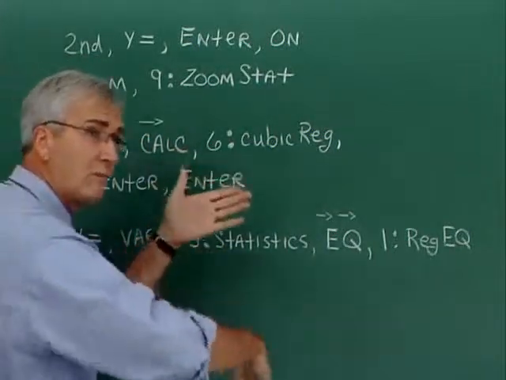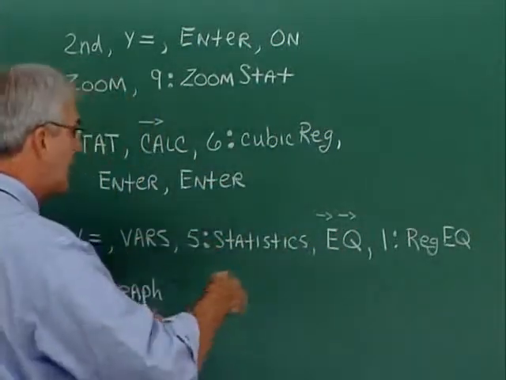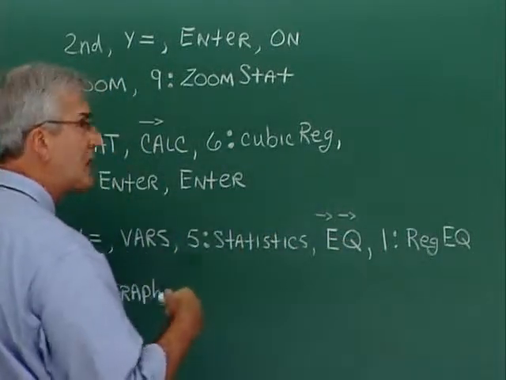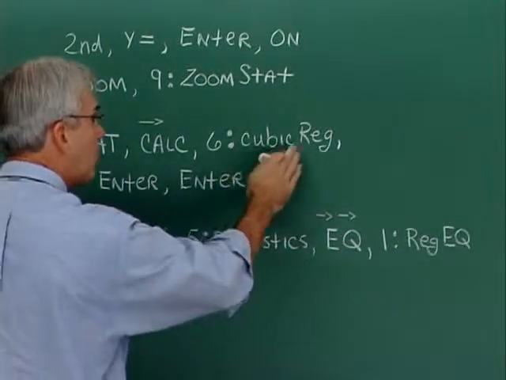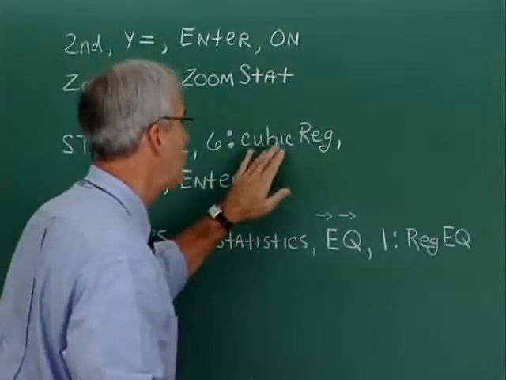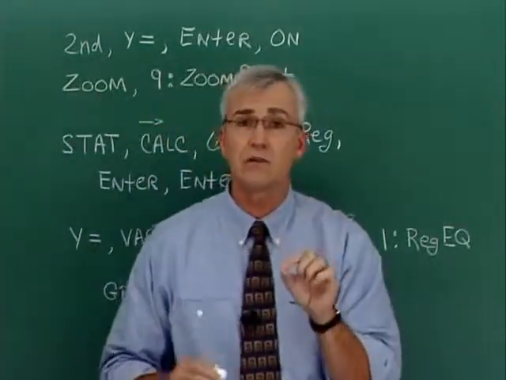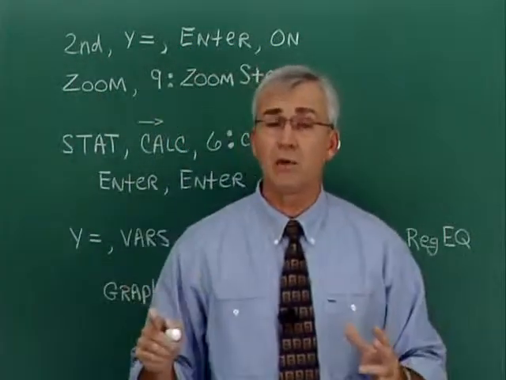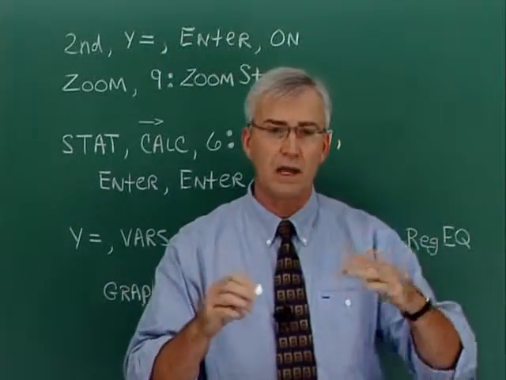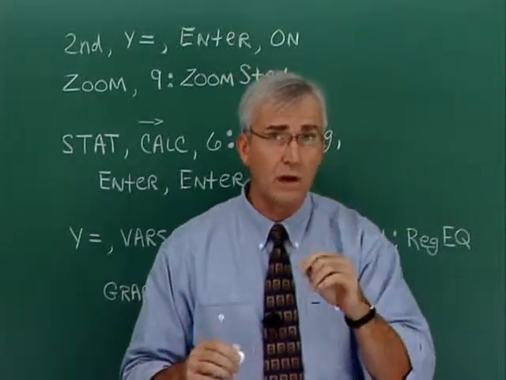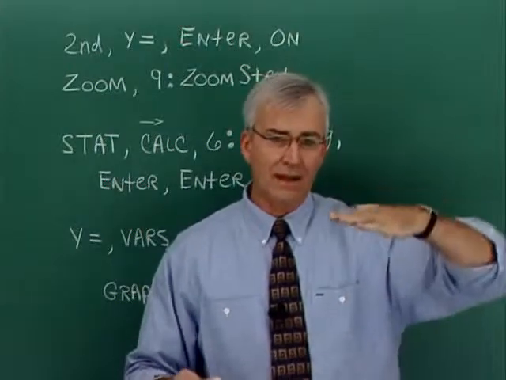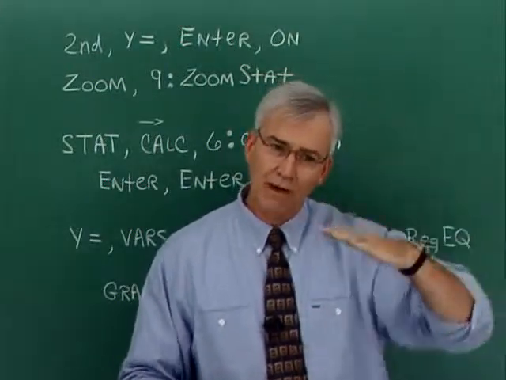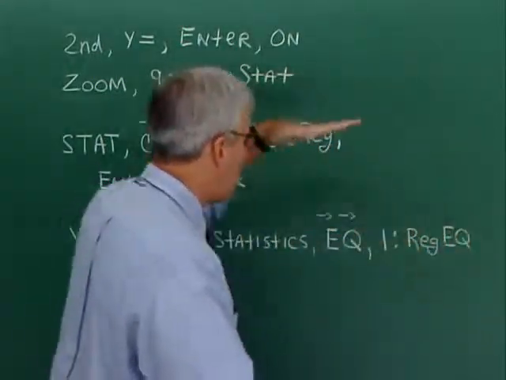You'll see a whole bunch of them listed there. You'll see a linear regression and a quadratic regression, and we're going to select cubic regression. Now, why are we selecting cubic regression? Well, it's because of the nature of the pattern of the stat plot. You notice on the stat plot that there are actually 2 curves going on, and at the bottom of the group, you have a curve that kind of curves up like this.